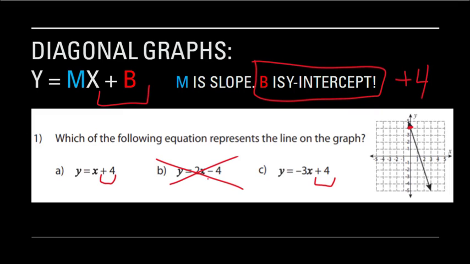So yo sé en esta gráfica el y-intercept es +4 porque la línea está cruzando el eje de Y a +4. Y entonces yo sé la ecuación necesita +4. Yo puedo eliminar opción B porque no hay +4, solo hay -4. So solo tengo 2 opciones ahora.